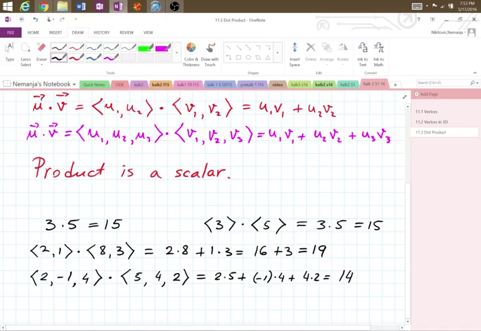So it's only the x component. It's like 3i, in terms of the unit vector i, times 5i, and we get 3 times 5, which is equal to 15. So you know that case.